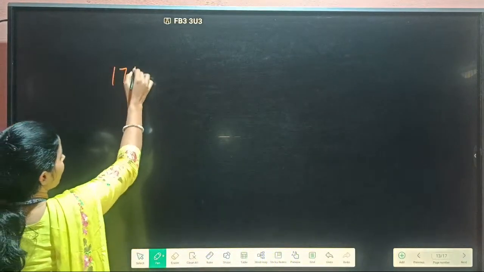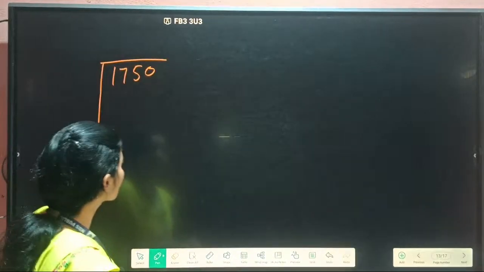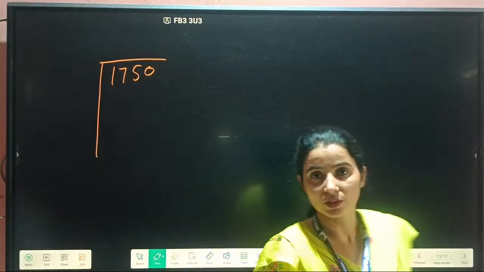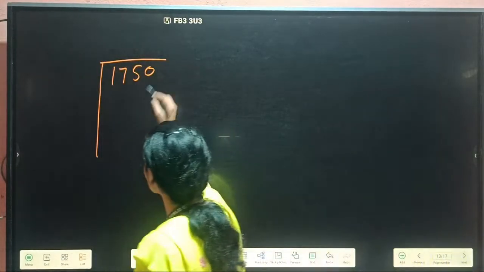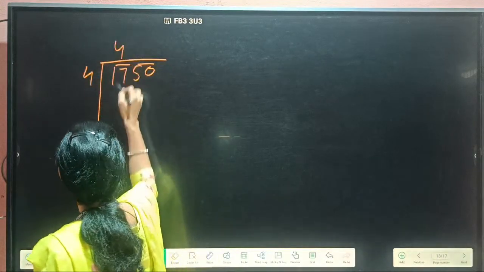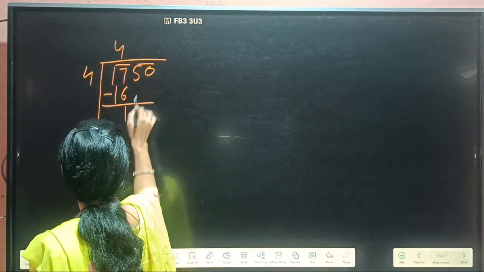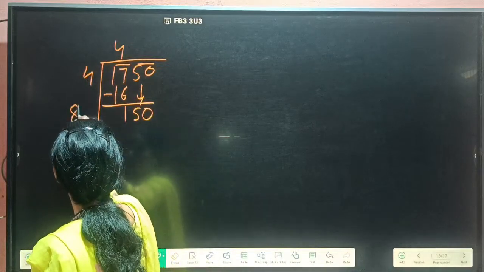Next is 1750. In this question, we have to find the least number that must be added to this number so that it will become a perfect square number. Find its square root by division method. Now 4 4s are 16. It is 1, carry down the next pair. Double of this 4 will be 8.